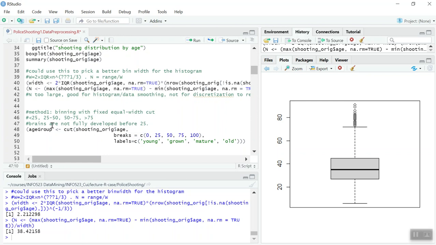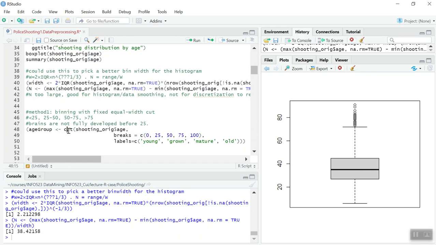And scientists tell us that the brain, especially the logical reasoning part, is not fully developed before the age of 25. So I'm going to use 25 as a way to create equal width cut.